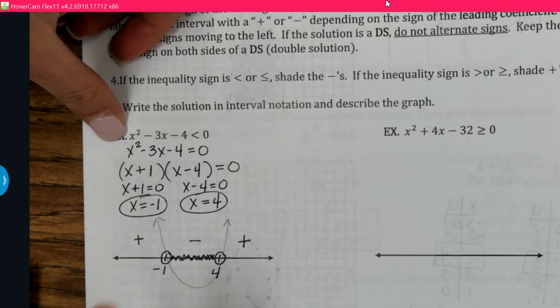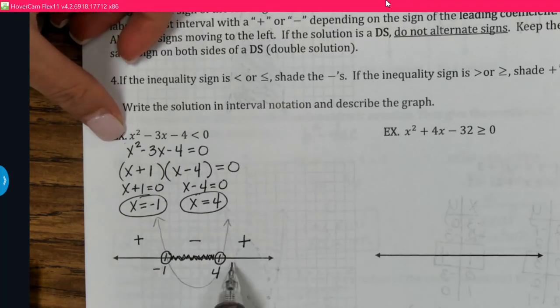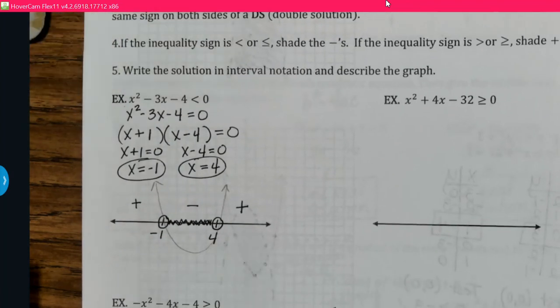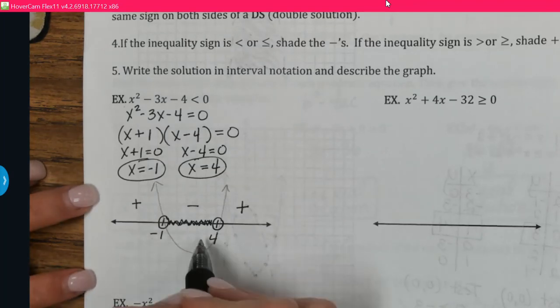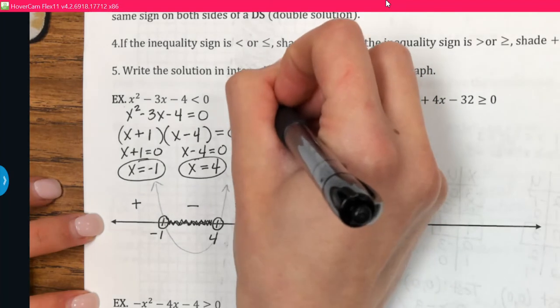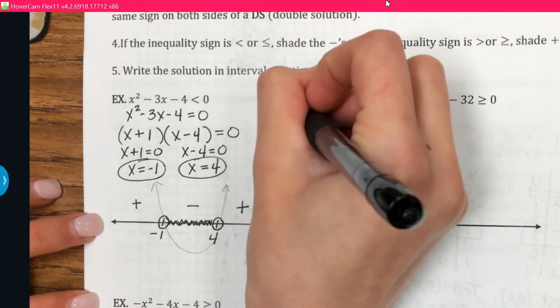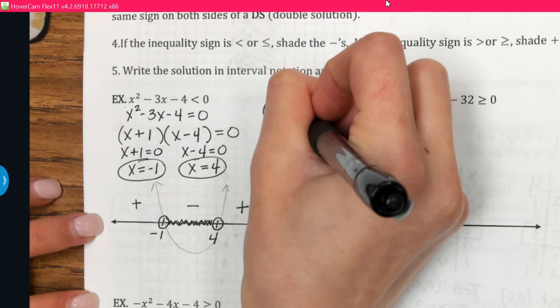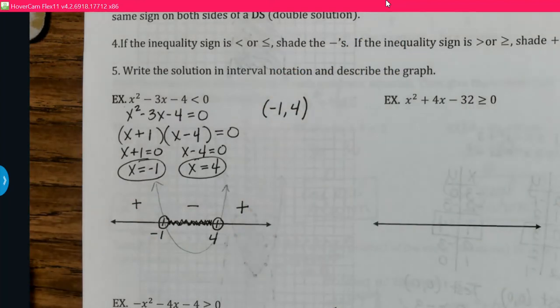Once you get your shading down, you've got to write the solution in interval notation, and then you're going to describe it. And I'm looking for specific things when you describe it. So my interval is in between -1 and 4, but it's not including -1 and 4.